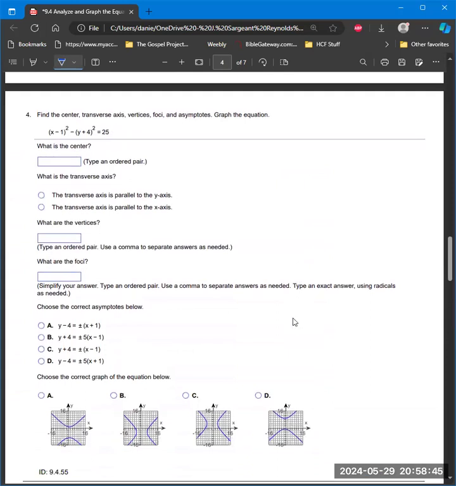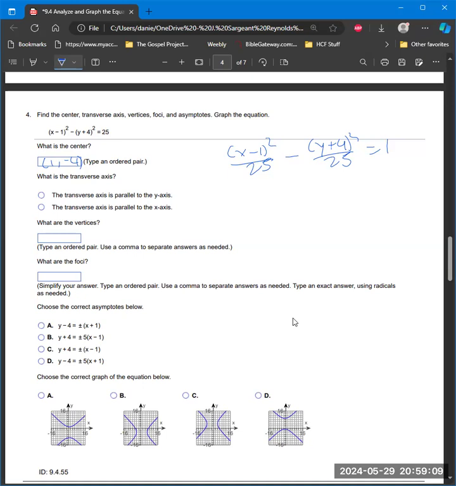All right, let's go ahead and write this one as (x − 1)² / 25 − (y + 4)² / 25 = 1. And the center is going to be at (1, −4), because this piece is positive.